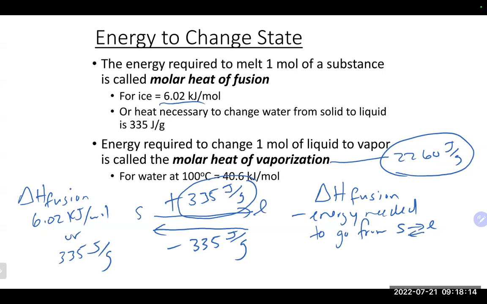And that's because in the solid state, everybody's still packed pretty tight to each other. In the liquid state, they're still packed pretty tight, but there's a little bit more room for movement, but they haven't completely separated from each other. And that transition is what occurs as we go from liquid to gas. And that's why we see a much higher amount of energy required to do that transition.